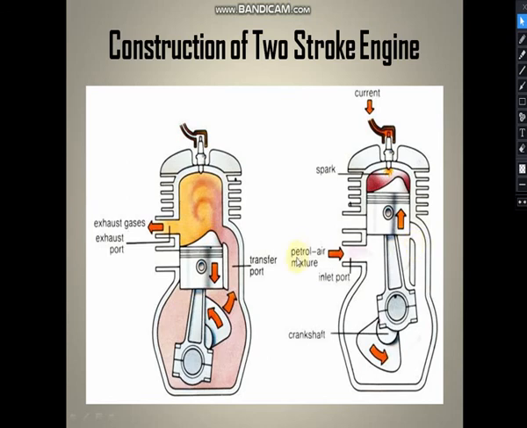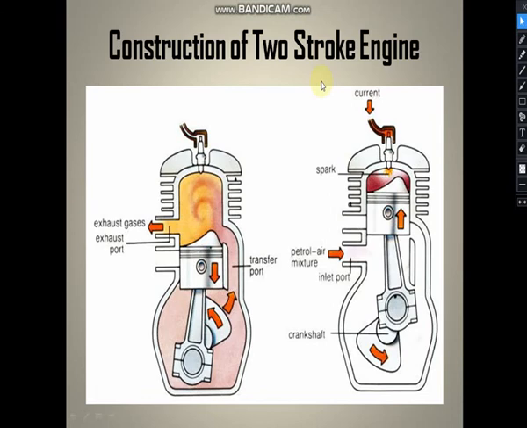So what do we mean by these ports? Ports are nothing but holes in the cylinder. And why are these ports used in the two-stroke engine?